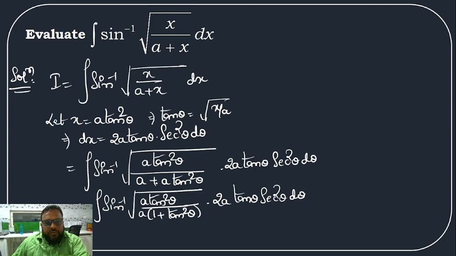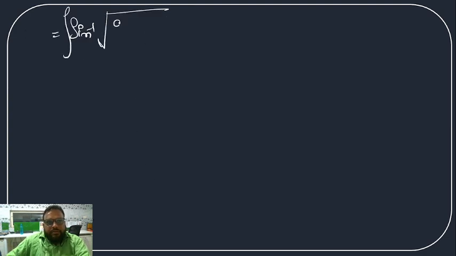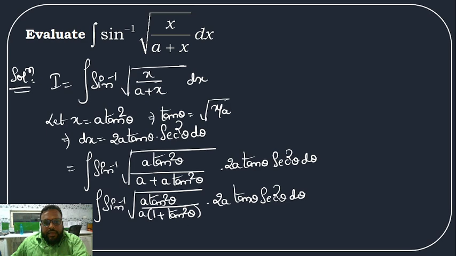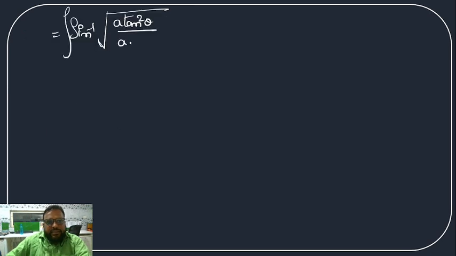So next step, integration of sine inverse under root of a tan square theta by a into 1 plus tan square theta, which I can write as a secant square theta, into 2a tan theta secant square theta d theta.